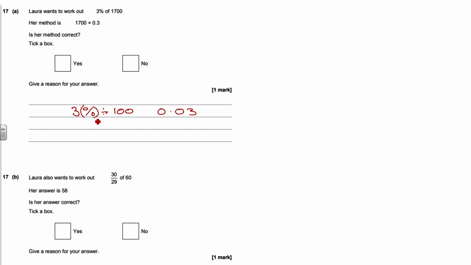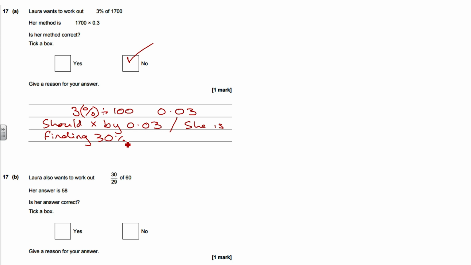She's multiplied by 0.3, so would actually be working out 30%. So her method is not correct. You could say she should multiply by 0.03, or you could say she is finding 30%. Something that suggests you know that she's multiplying by the wrong amount.